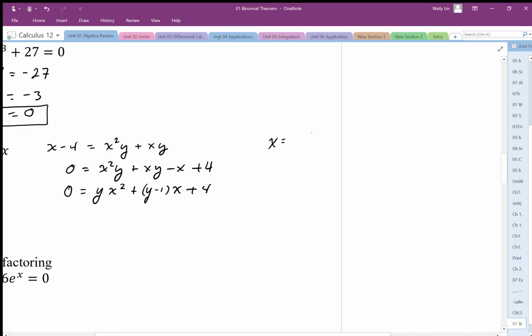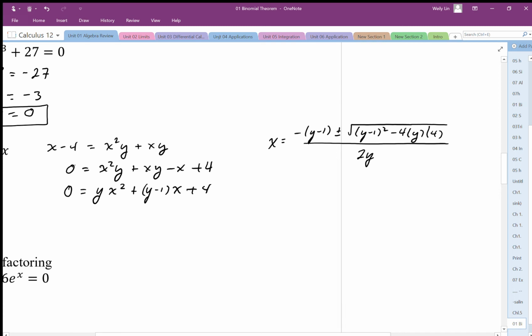So I get x equals -(y minus 1) plus or minus the square root of (y minus 1) squared minus 4 times a, which is y, times c, which is 4. Make sure to get the denominator over 2a, and again the a value is y.